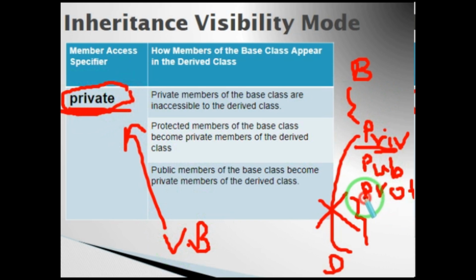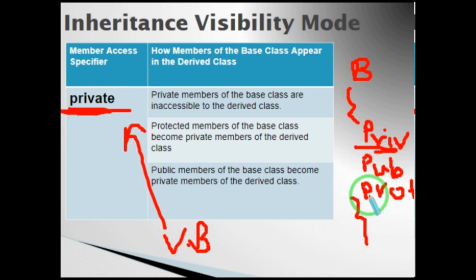Protected members of the base class become private in a derived class. See carefully.